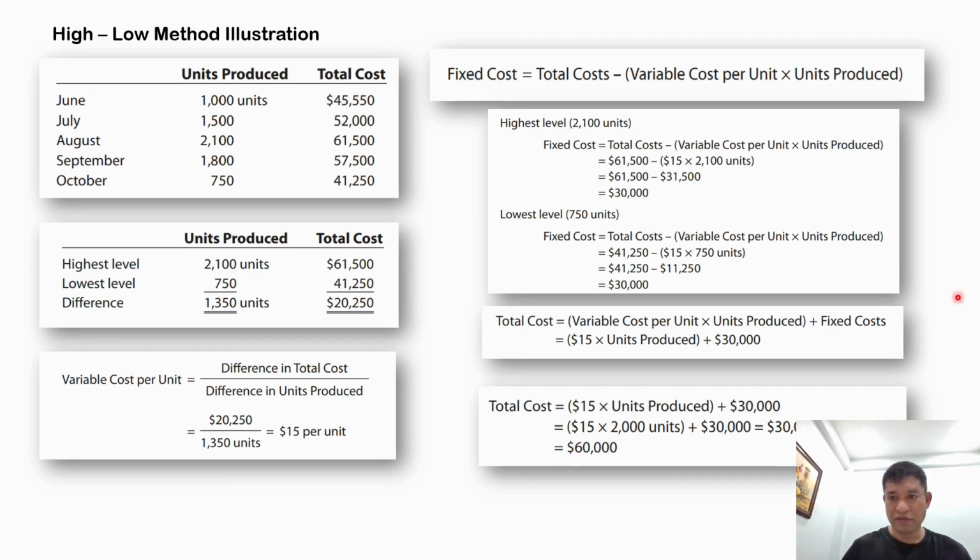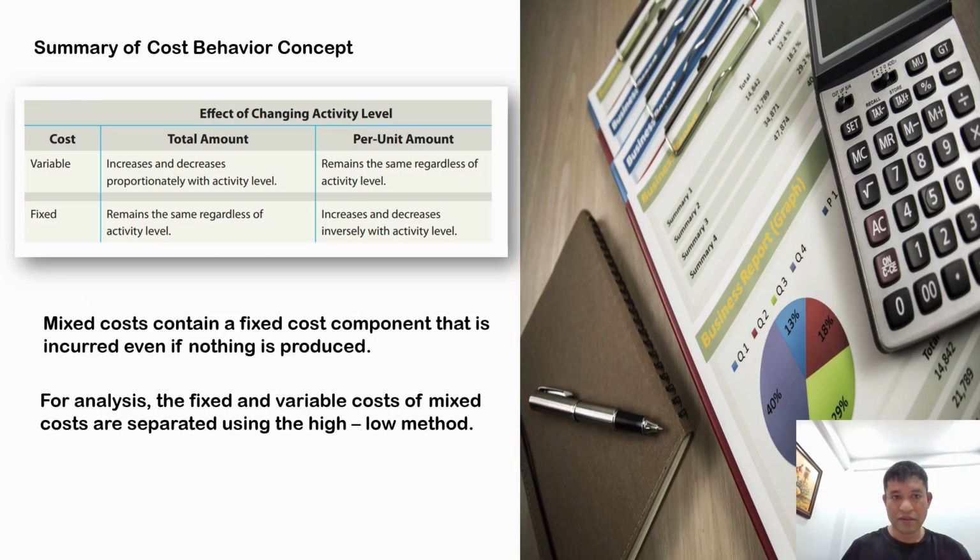So let's move now to the summary of cost behavior concepts. The cost behavior of variable costs and fixed costs is summarized here. For variable costs, the total amount increases and decreases proportionately with activity level, and the per unit amount remains the same regardless of activity level.